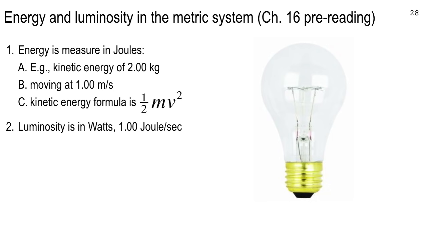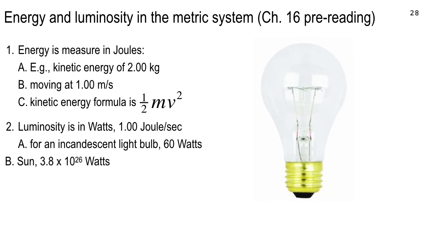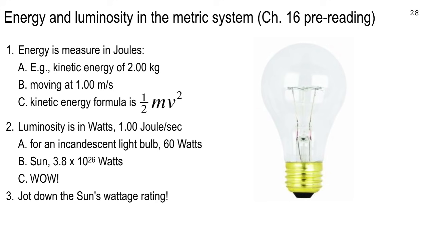Now, a watt is a joule per second. For an incandescent light bulb, you're talking 60 watts. The luminosity of the sun is a lot bigger than that. It's approximately 3.8 times 10 to the 26 watts. So jot down the sun's wattage rating.